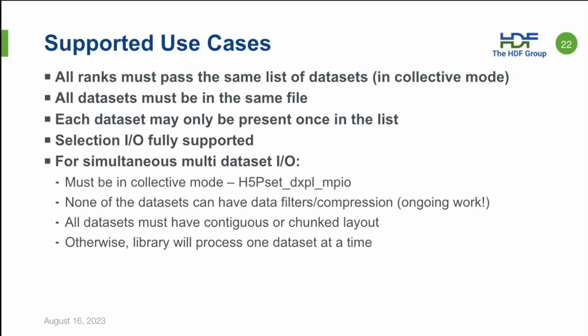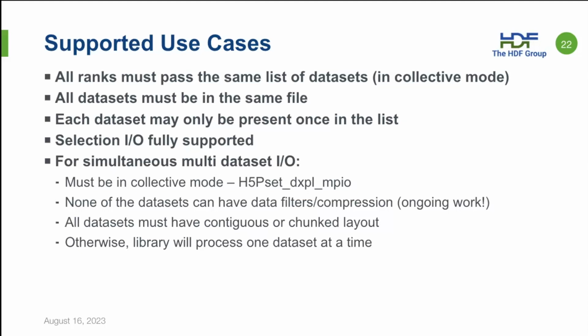I tried to make it work with it being in there twice, but it just gets very difficult with trying to sort chunks. And if the selections overlap on a single chunk, it's just too much. And selection IO, which we're about to talk about, is fully supported. And if you want the full 1 MPI data type for the whole thing, then you need to be in collective mode.